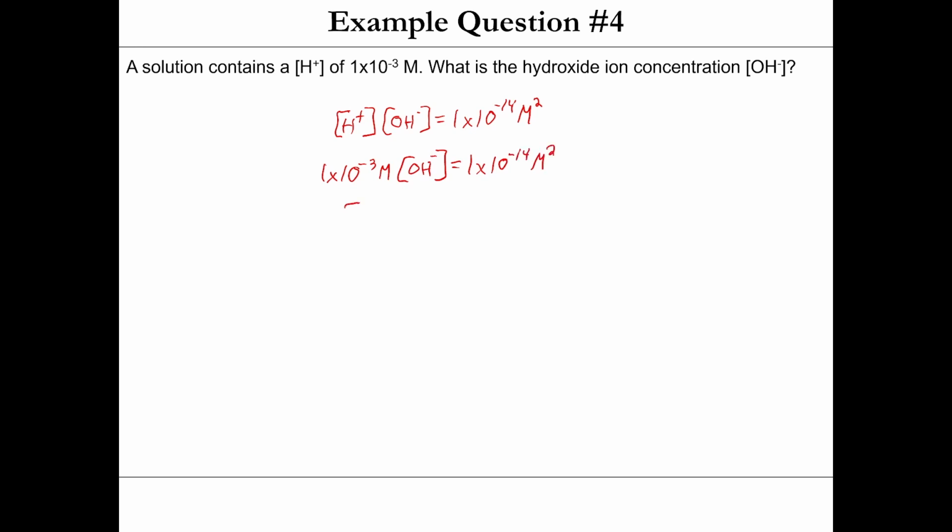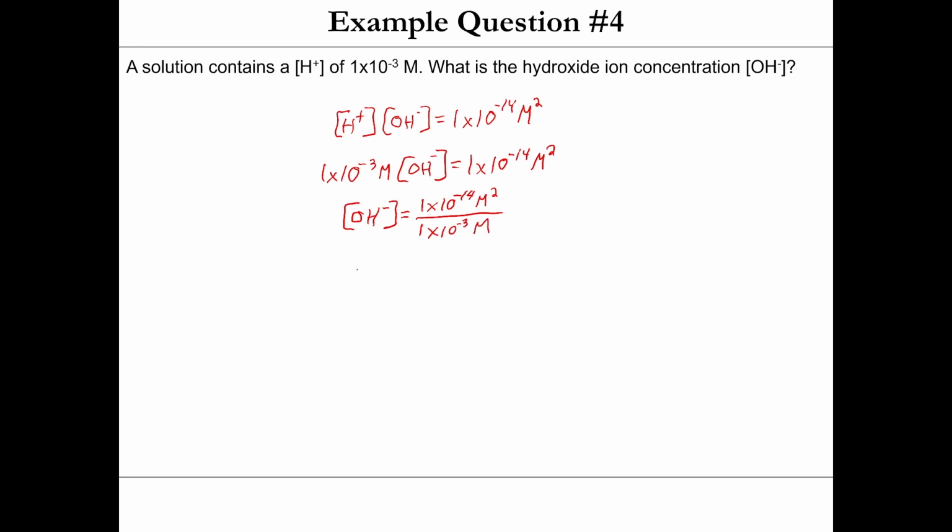So if we rearrange this, because we want to know the hydroxide ion concentration, the hydroxide ion concentration will equal 1 times 10 to the negative 14 molar squared divided by the proton concentration, which is 1 times 10 to the negative 3 molar.